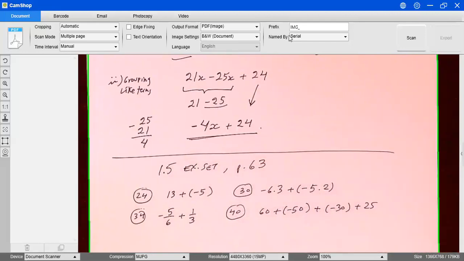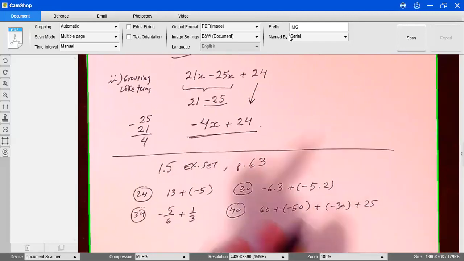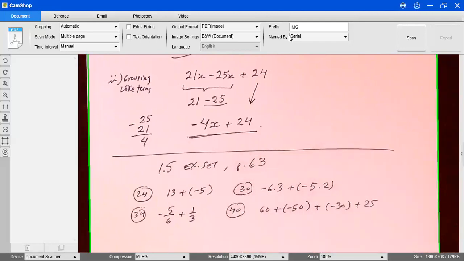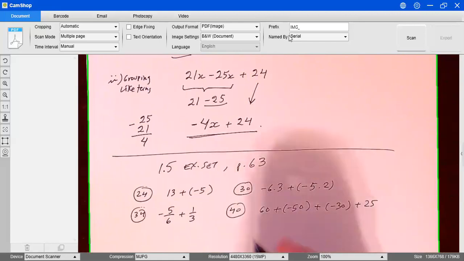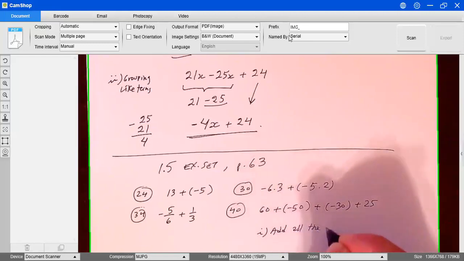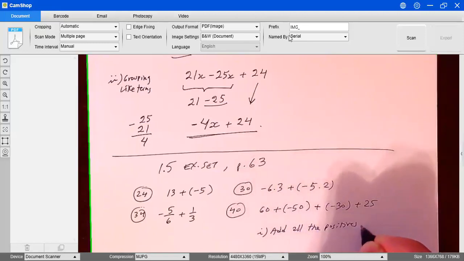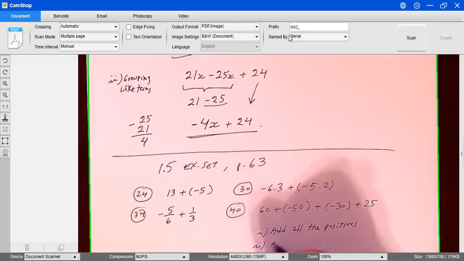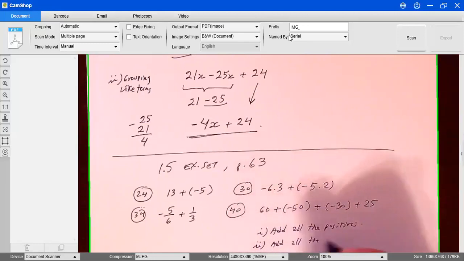So when you have several numbers with different signs, what you usually do is add all the positives and add all the negatives first.